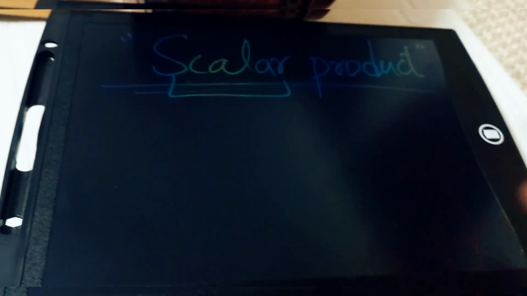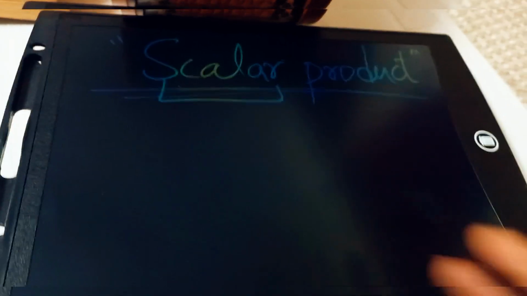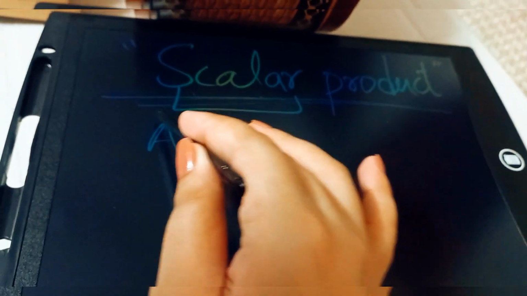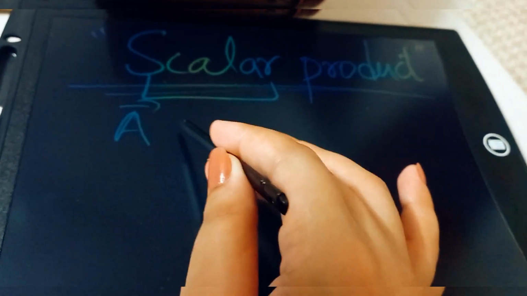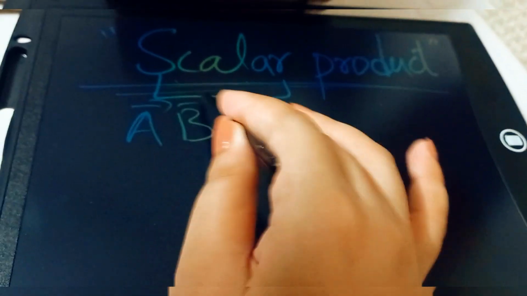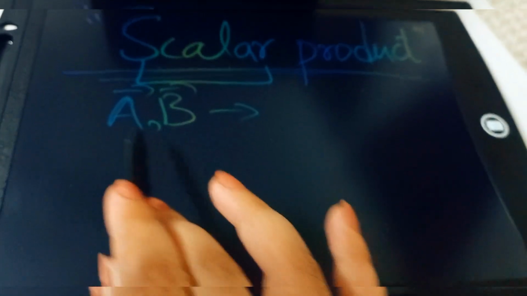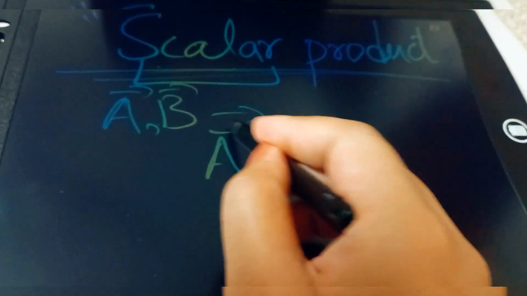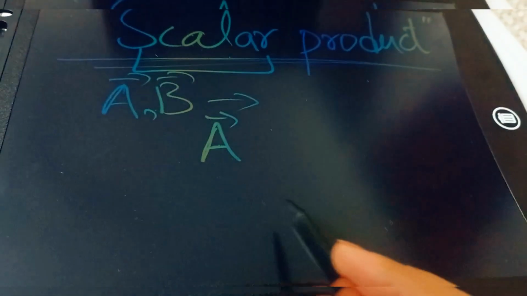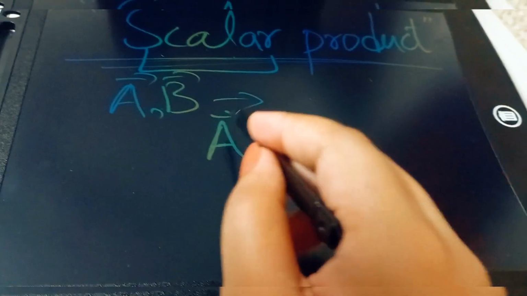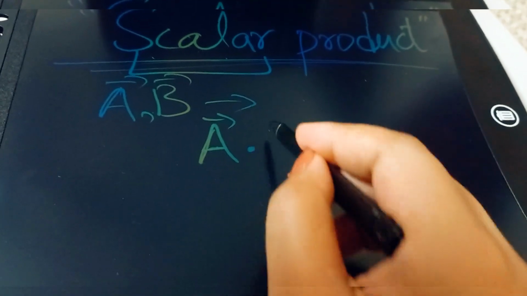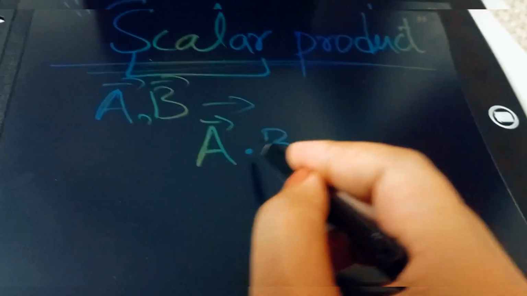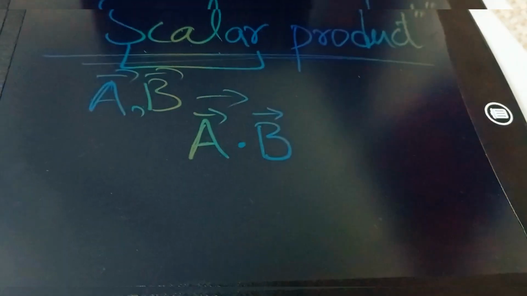So scalar product is basically the product of two vectors, and let's say we have vectors A and B. The scalar product of vector A and B is written as A vector, meaning an arrow over the symbol to show that it is a vector quantity, then a dot sign, then the other vector.